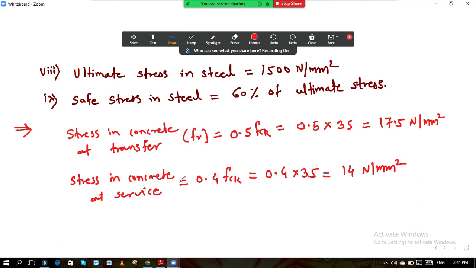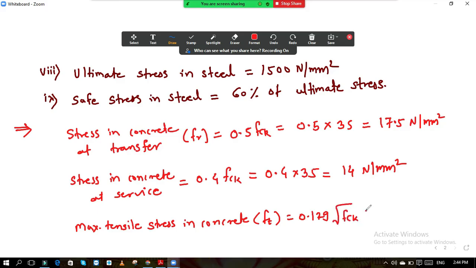Next, allowable tensile stress in concrete or maximum tensile stress in concrete, Ft is equal to 0.129 under root FCK, which is equal to 0.129 under root 35.